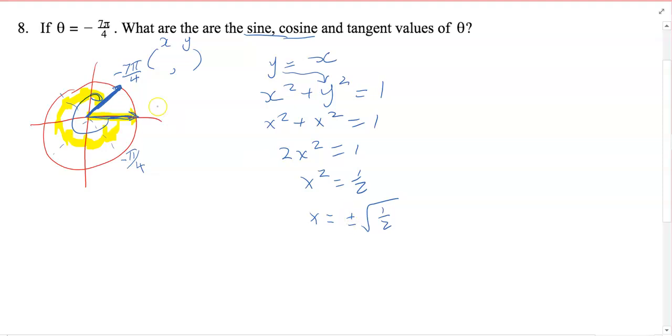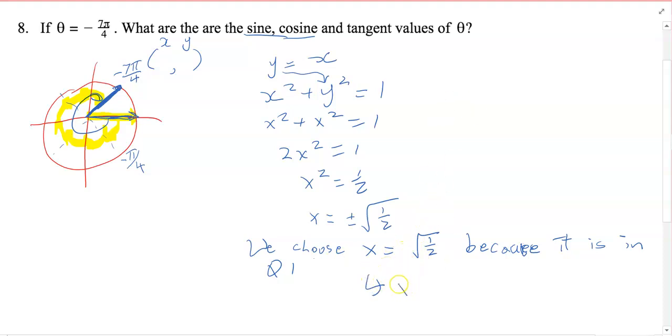Now, we must choose plus or minus, and we choose x equal to positive radical 1/2 because it is in the first quadrant, Q sub 1, where x is positive. But we can simplify this a little bit more. x will be equal to 1 over radical 2, and because we don't like radicals in the denominator, we'll rationalize by multiplying by radical 2 over radical 2.